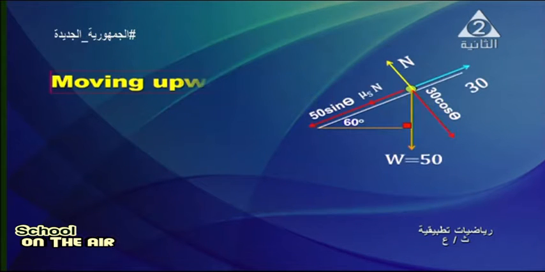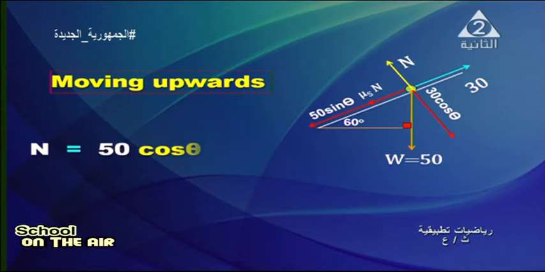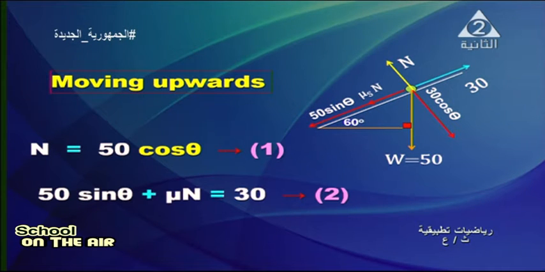Look at the first, moving upward. Look at the opposite figure, mu S N is downward. Why? Because mu S N, the static friction force, is opposite the motion. Then we have N equals 50 cosine theta, from the first equation.